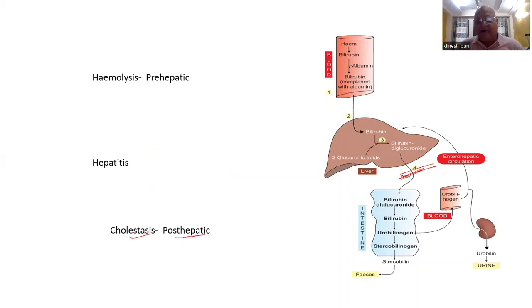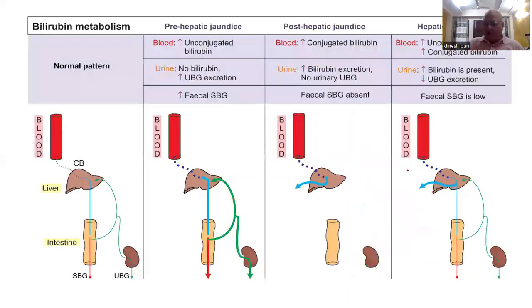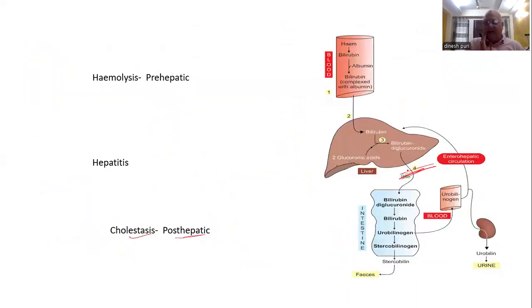And please remember, this is the most important rate limiting step of the overall pathway. The secretion occurs against a concentration gradient. So what will happen then? This is the slowest step, energy consuming step, and also the rate limiting step.